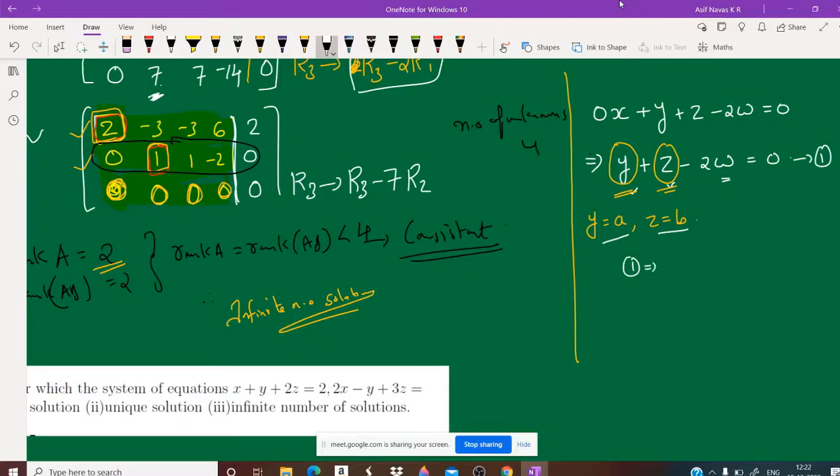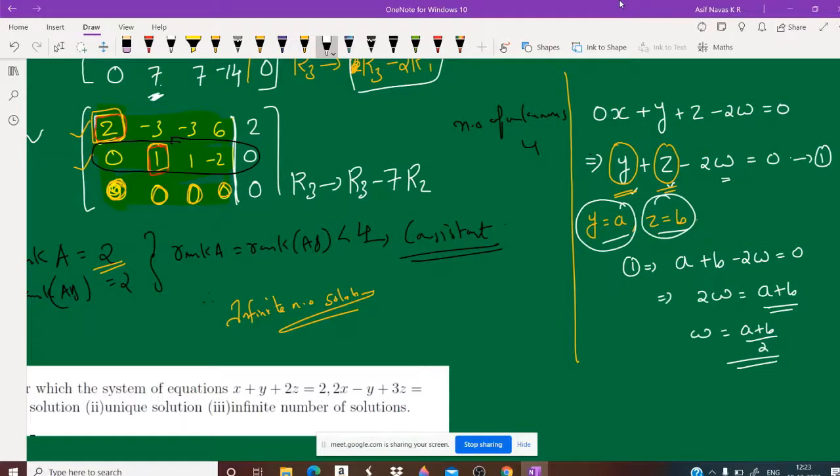It implies a plus b minus 2w is equal to 0, which implies 2w is a plus b. And what is w? w is a plus b by 2. So we get the values for y, z and w.